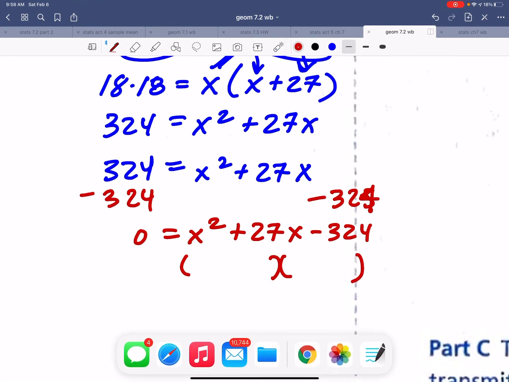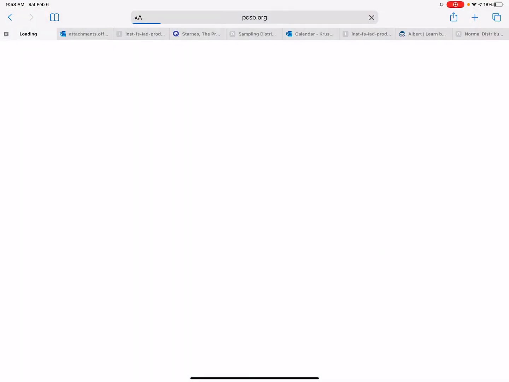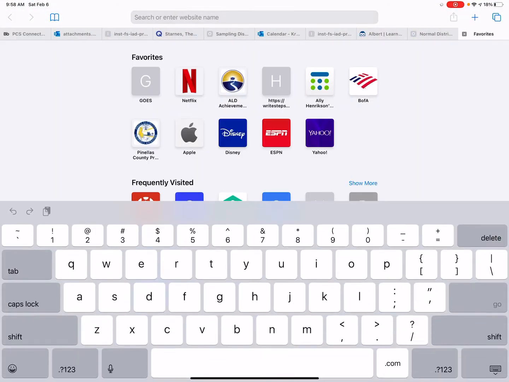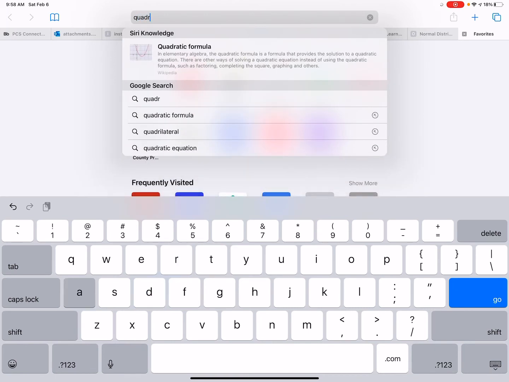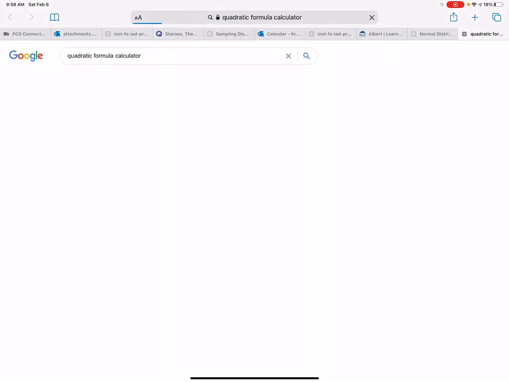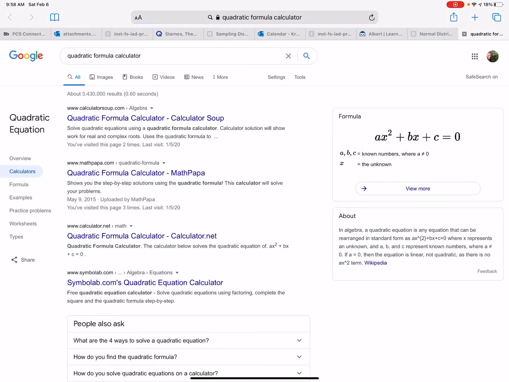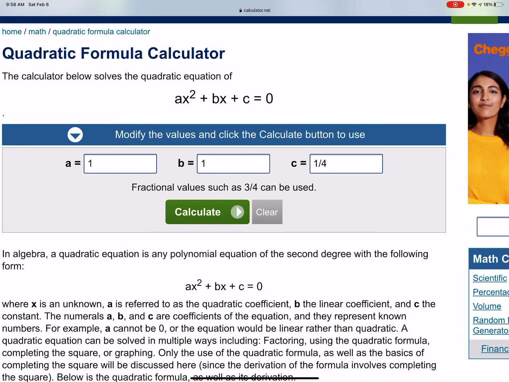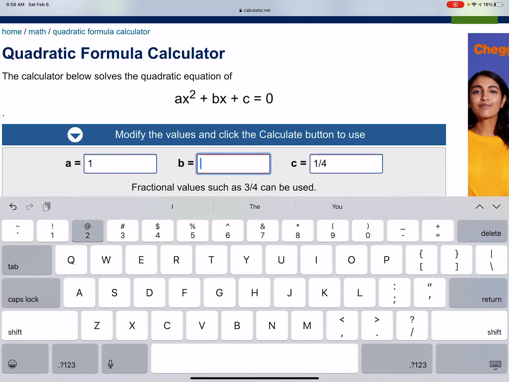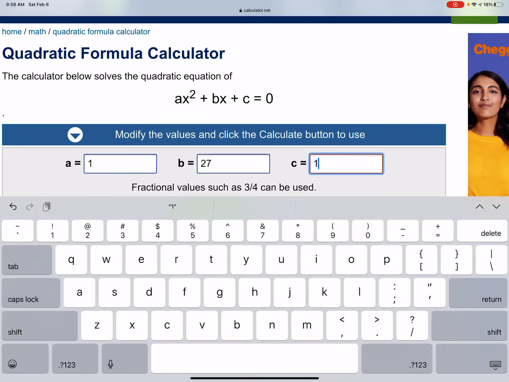And let's see, I can just look for an app. Quadratic Calculator. Okay, so we have A, B, and C. So we have A is 1, and B we have is 27, and C we have is, what did we write?